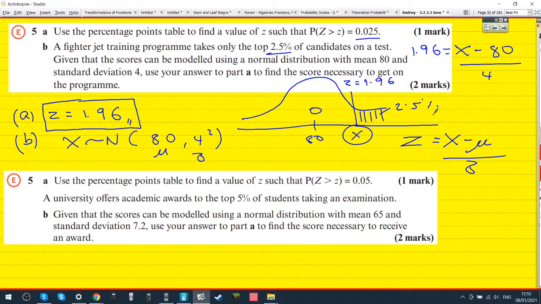So 87.8. So X is 87.8. Does that look about right? Yeah, it should be. It definitely shouldn't be less than 80. Okay, how about the one underneath?